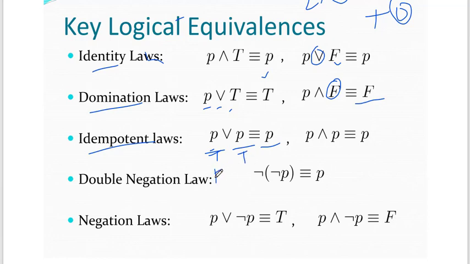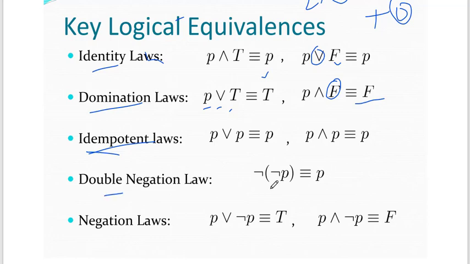If P is false, this statement will also be false. With OR, if both are true, then it will be true. If both are false, then it will become false. So you can see that it is the same truth table. Okay, so this is the logical equivalence, and these types of laws are called idempotent laws.